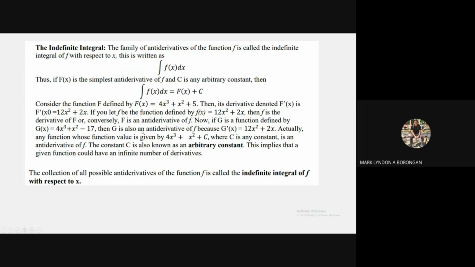It means you can have any constant, depending on your given function. But when we get the antiderivative, we just write plus c, reversing the derivative. Yes, sir, because we have an arbitrary constant, which means any value is possible as long as you type c, that is considered the constant.